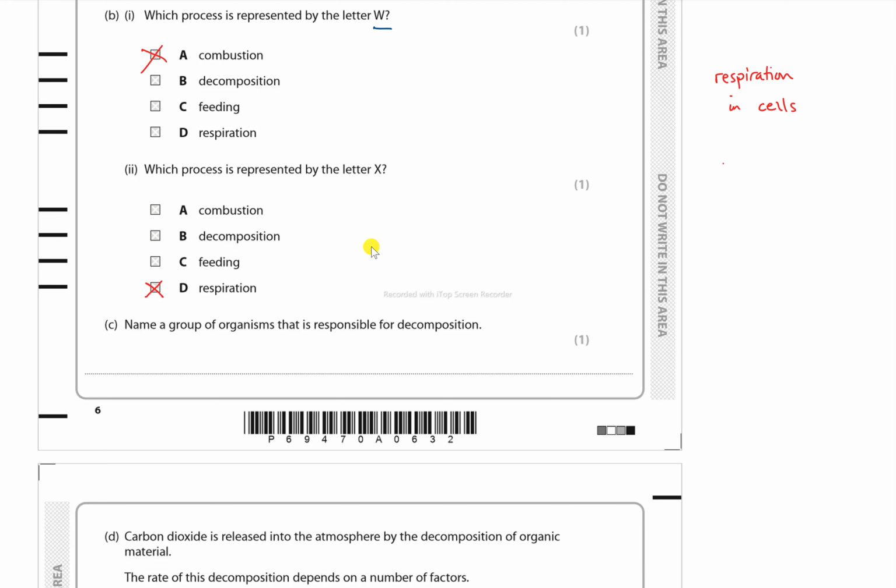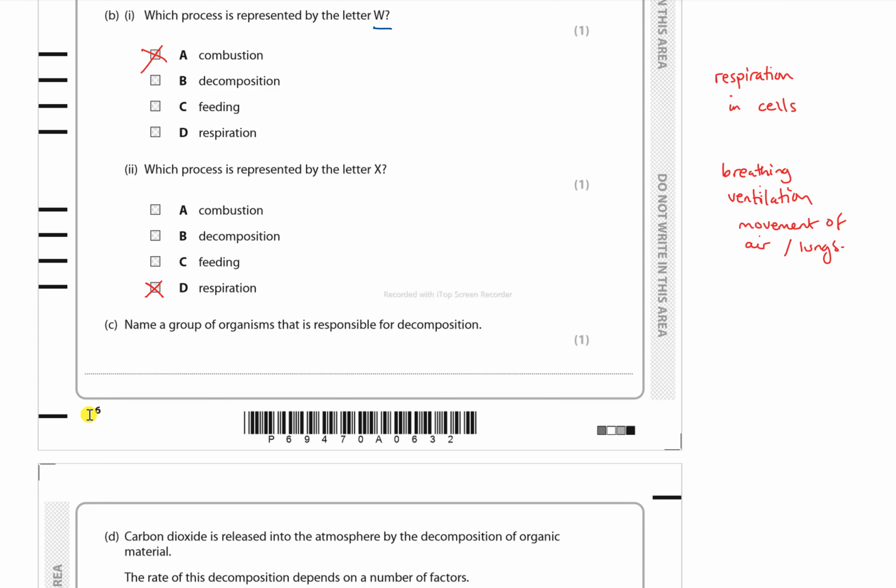And it's different from breathing, which is ventilation, which is the movement of air in and out of the lungs.